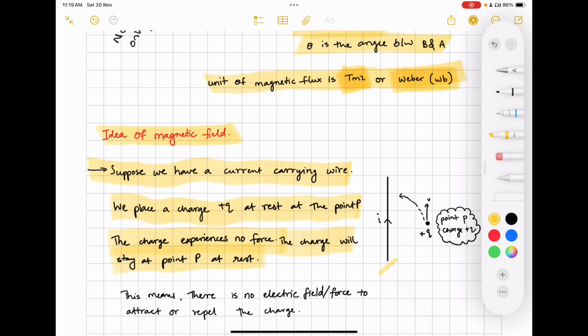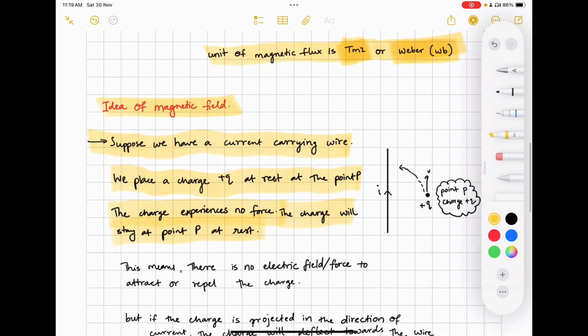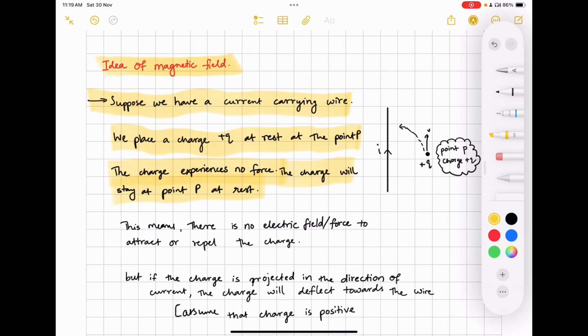There is no force of attraction or repulsion. This means that there is no electric field or force to attract or repel the charge.